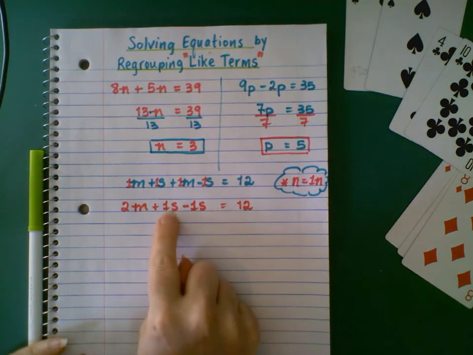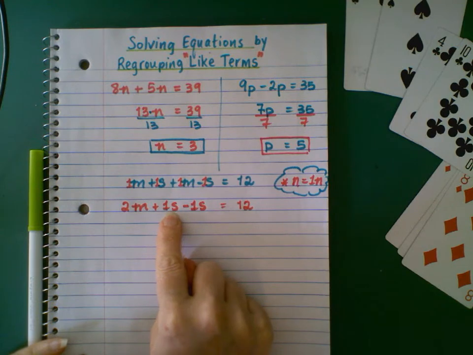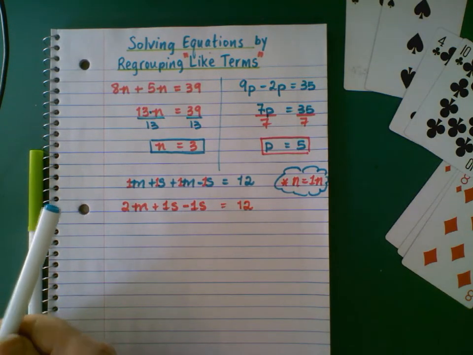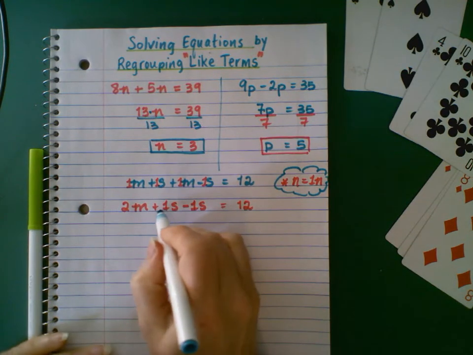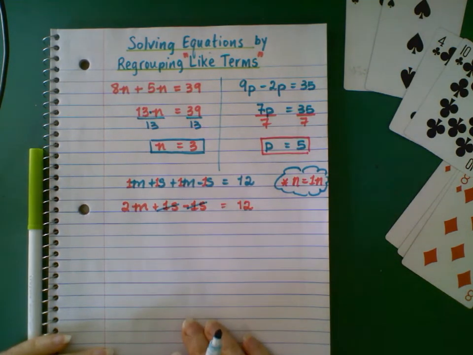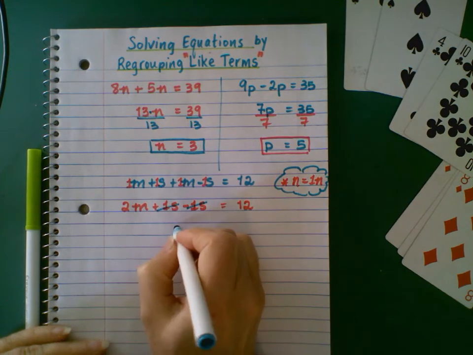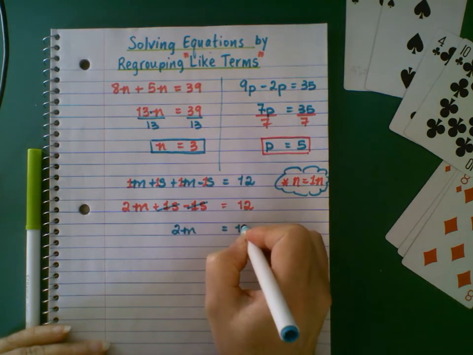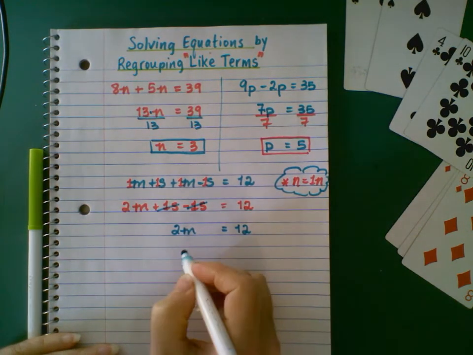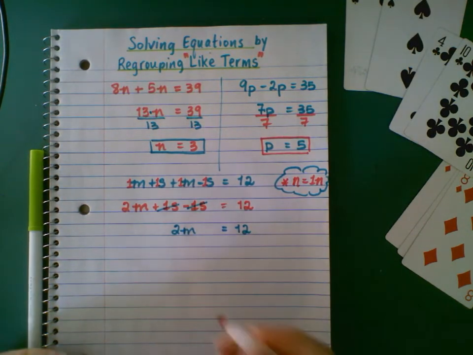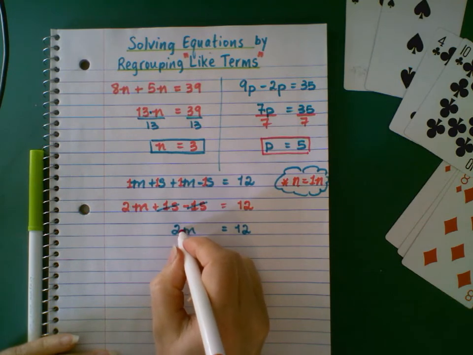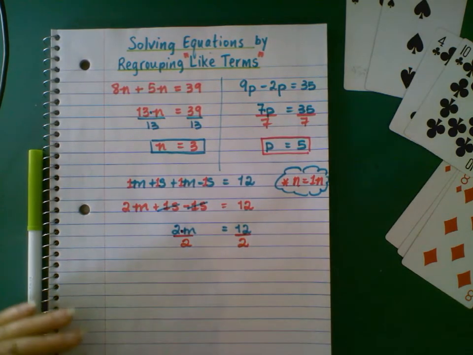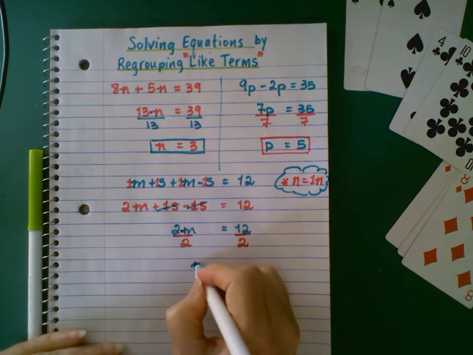In this case, one of the terms with s is positive, the other one is negative, so they are actually going to nullify or eliminate each other, because 1 minus 1 is 0. So that leaves me with 2m's is equal to 12. And then between the 2 and the m, that's a coefficient, so that's a multiplier. Get rid of it by doing a division. And m is 6.